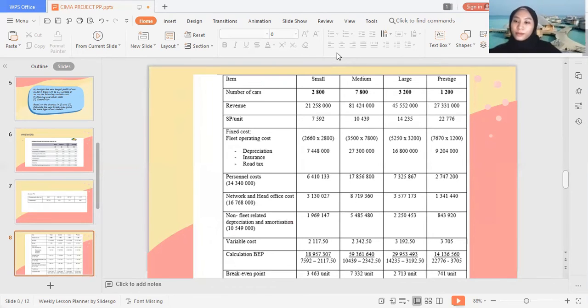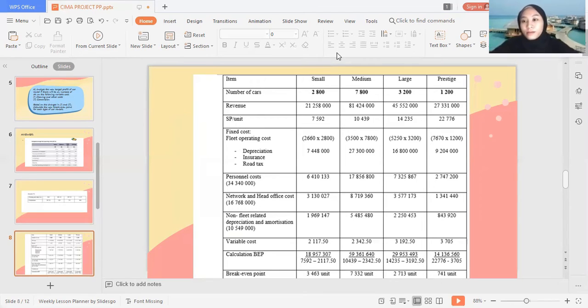So the total variable cost, which is cleaning, repair, commission, and acquisitions, is 2,117.50. So the BEP, which is fixed cost divided by contribution margin, gives 3,463 units for small.